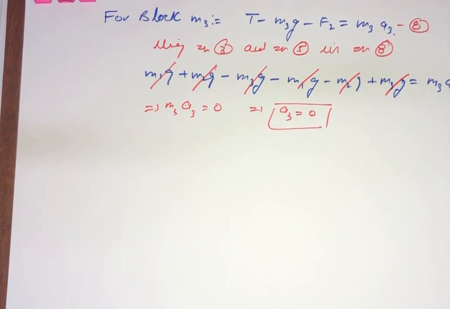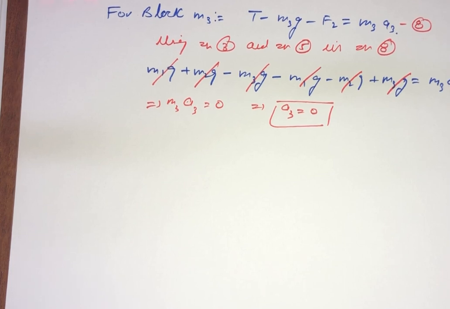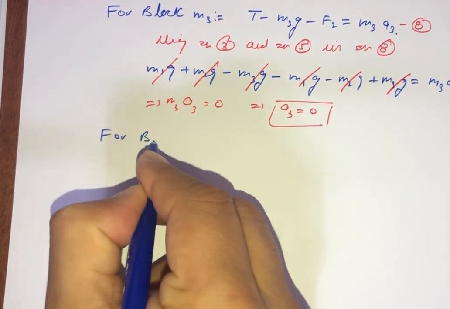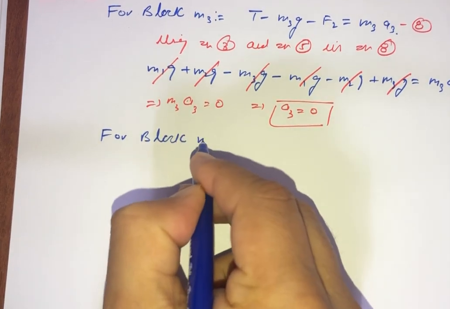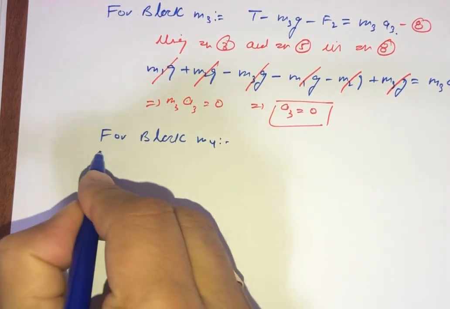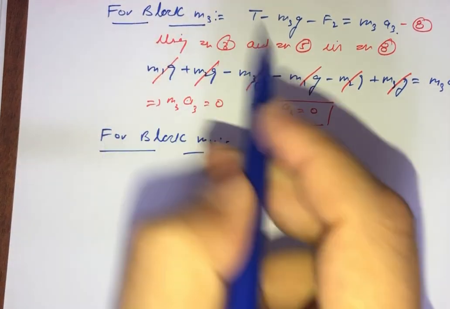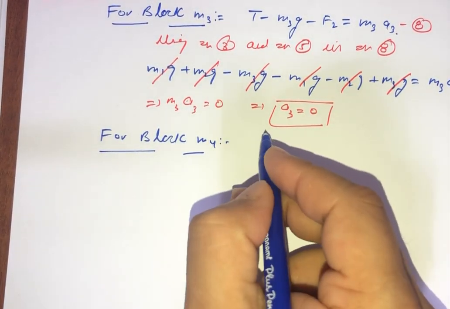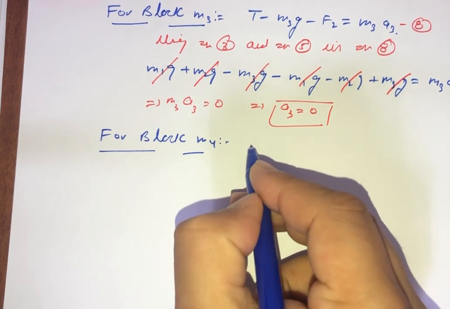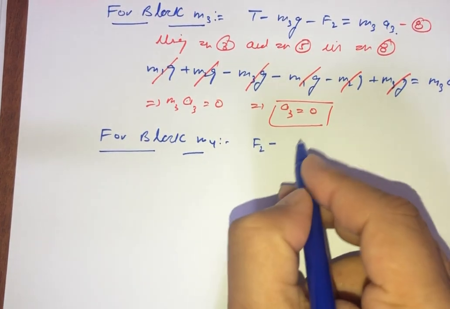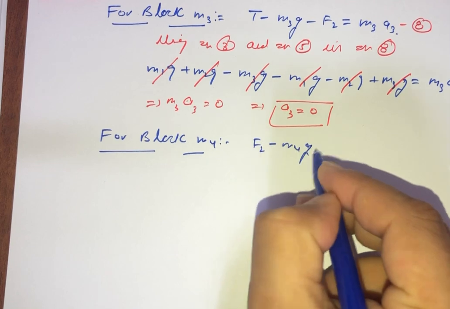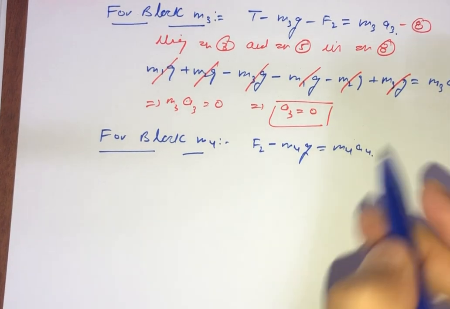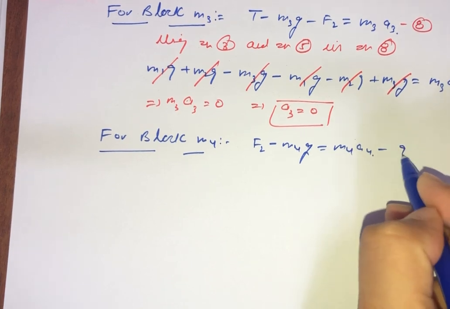Now next is for block M4. We can write the equation as F2 minus M4G is equal to M4 A4, and let this be equation number 9.